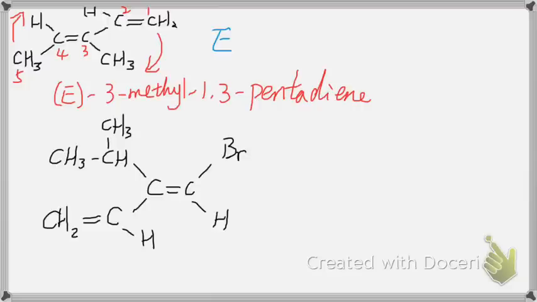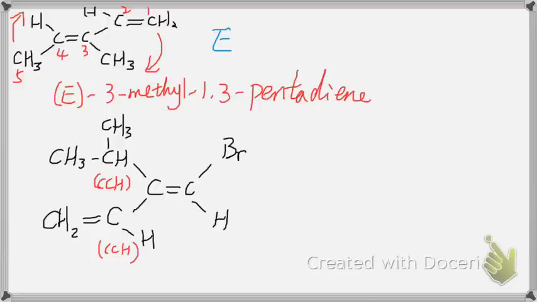It's the double bond on the right-hand side that can be E or Z. So let's take a look. On the right side, we have Br and H attached to the double bonded carbon. So Br is higher, H is lower. On the left-hand side, C and C.